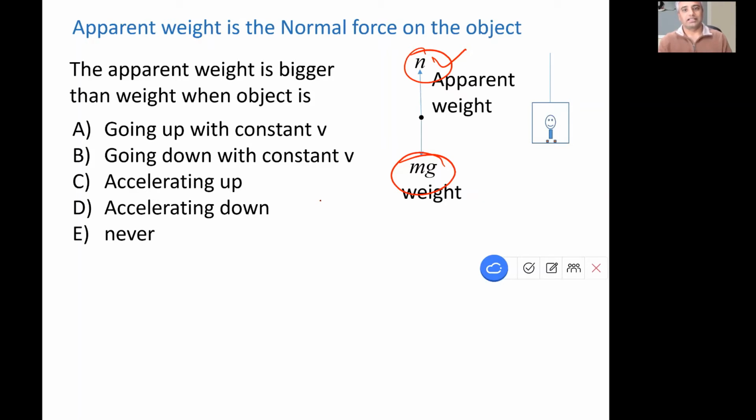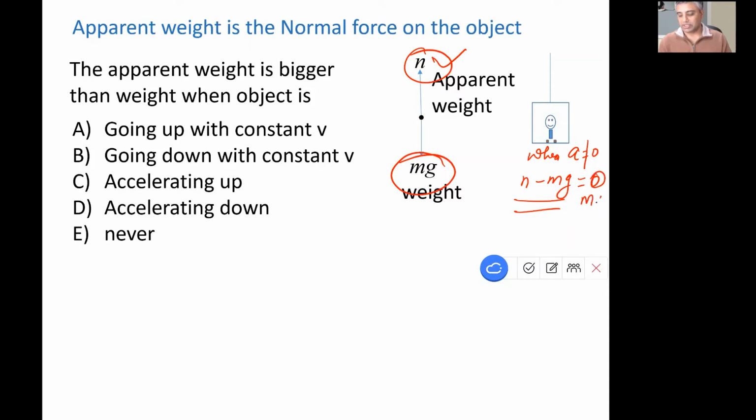Net force is not equal to 0, right? N minus mg is 0, net force is 0, only when acceleration is 0. But when acceleration is not 0, this is going to be what?